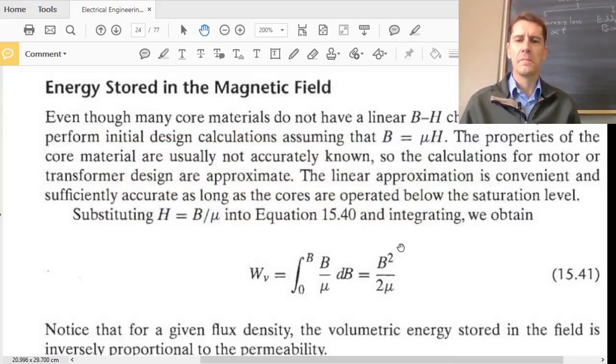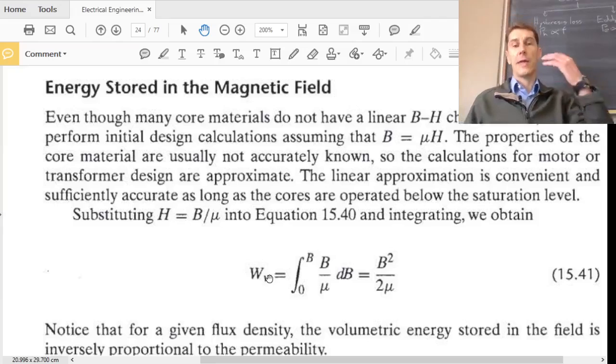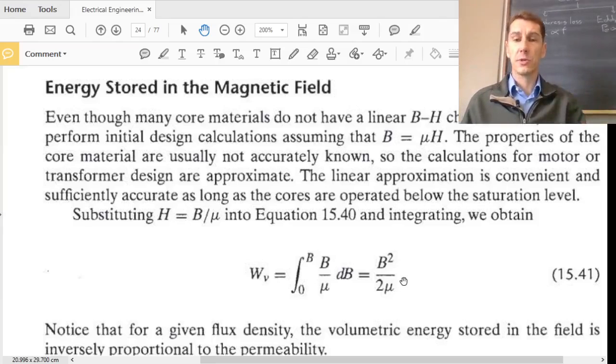And that then gives you an equation that if you can calculate your flux density in your circuit, which we calculated in the previous lectures, and you know the permeability of your material, you know the joules per cubic meter. It's still a small v there. So if you want to know the actual joules, the actual energy stored in there, then you just need to multiply by the volume of the core.